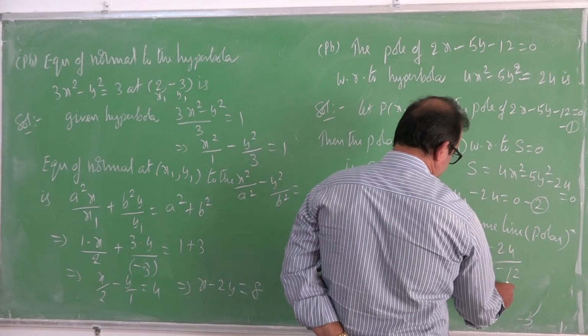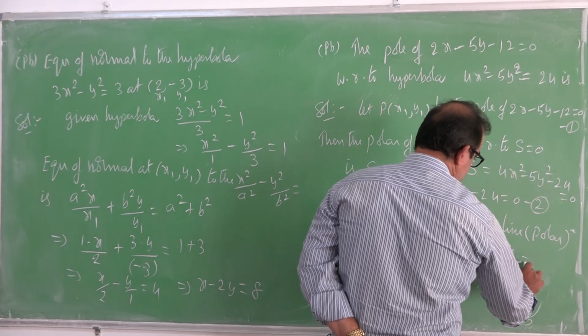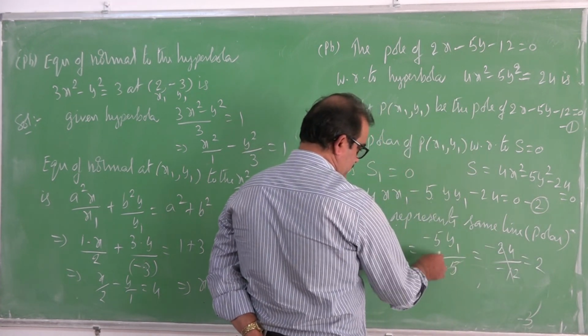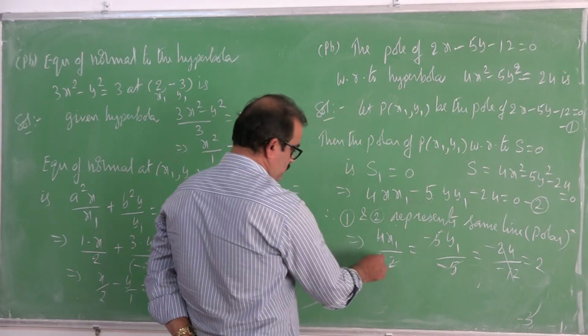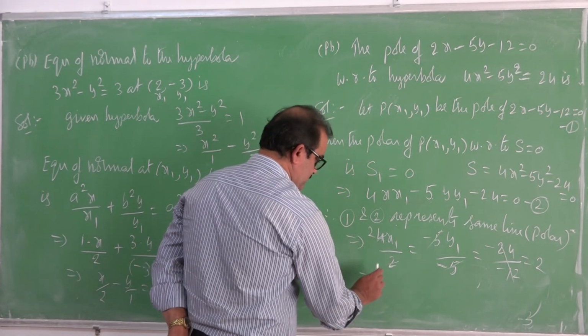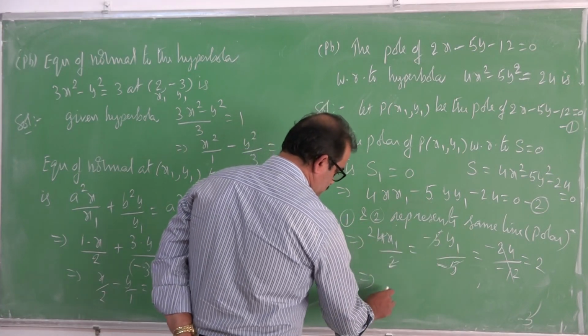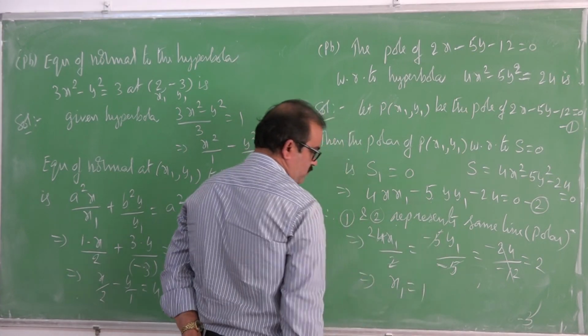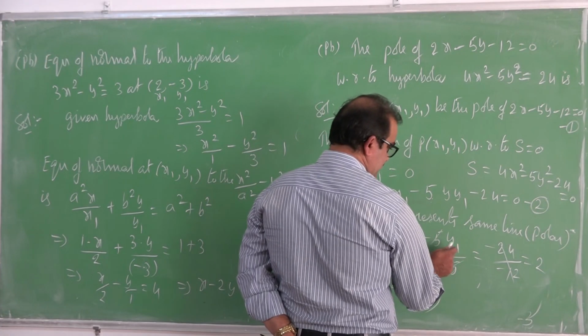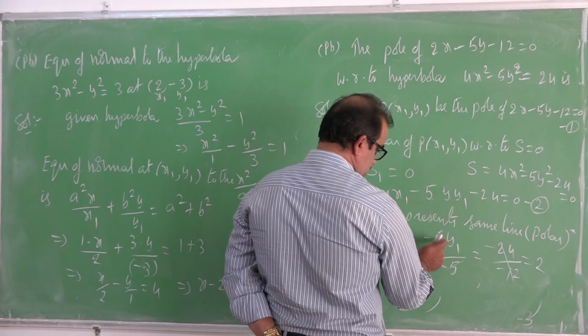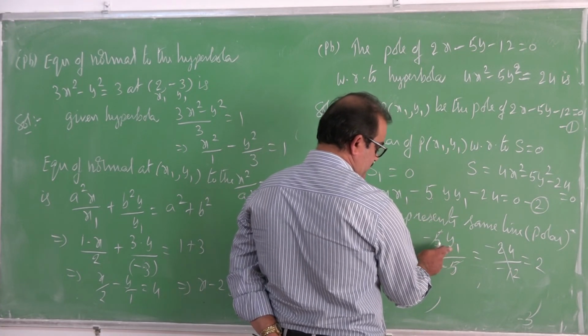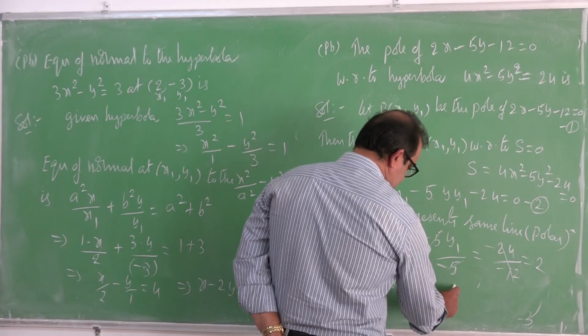Minus 24 by minus 12, this is 2. Minus 5 cancel. Equating first and last terms, 2x1 is equal to 2. So x1 is equal to 1. Equating second and third terms, minus 5 cancel, we have y1. So y1 is equal to 2.